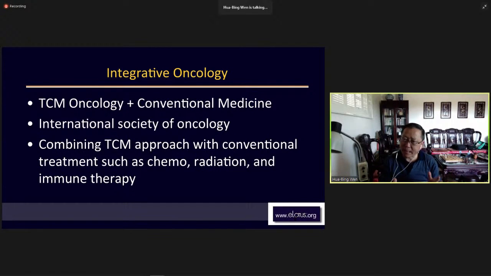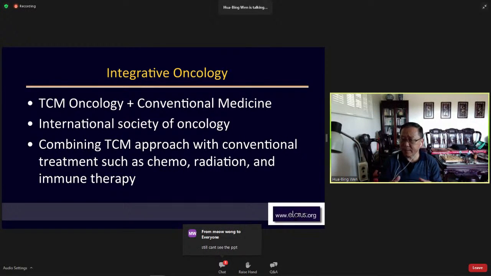You have a combination where, for some conditions, chemotherapy can be more effective but with a lot of side effects. So you can use Chinese medicine to take care of the side effects, and that way you can make a better, more complete treatment.